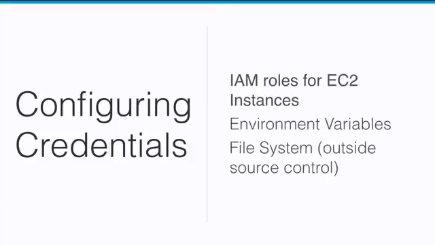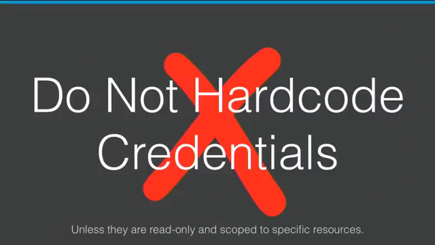And finally, you can store your credentials in the file system, preferably outside of source control. That's because you should not hard-code your credentials. There is one scenario where you will hard-code credentials. I'll talk about this when we do our demo. And if you do hard-code your credentials, make sure that you have read-only credentials and they're scoped with a policy to specific resources so that you make sure that people don't access things that they shouldn't.